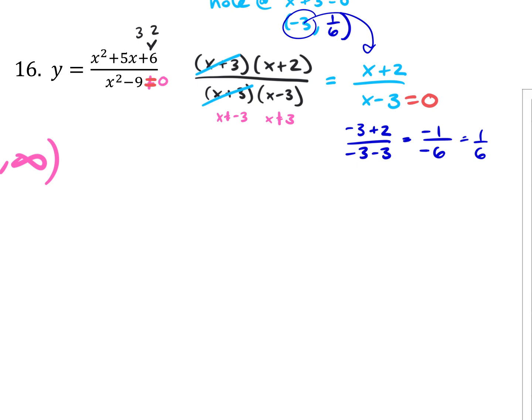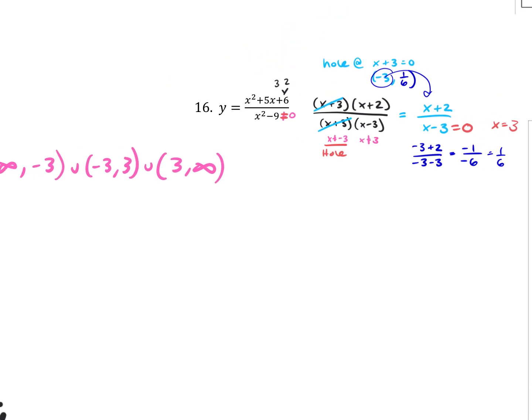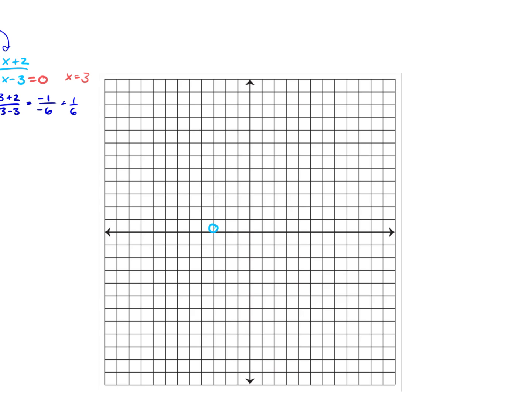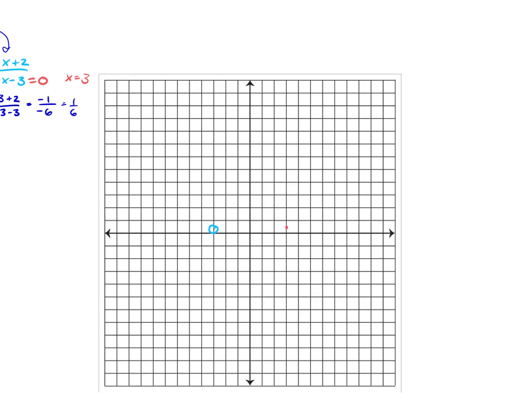So that x equals -3 ended up being our hole. It's not also going to be our vertical asymptote. You cannot have a vertical asymptote through the hole. So we would just want to set the simplified version equal to 0. So x equals 3 would be our vertical asymptote. I'm going to put that on the graph too. So we're going to put our vertical asymptote through 3.